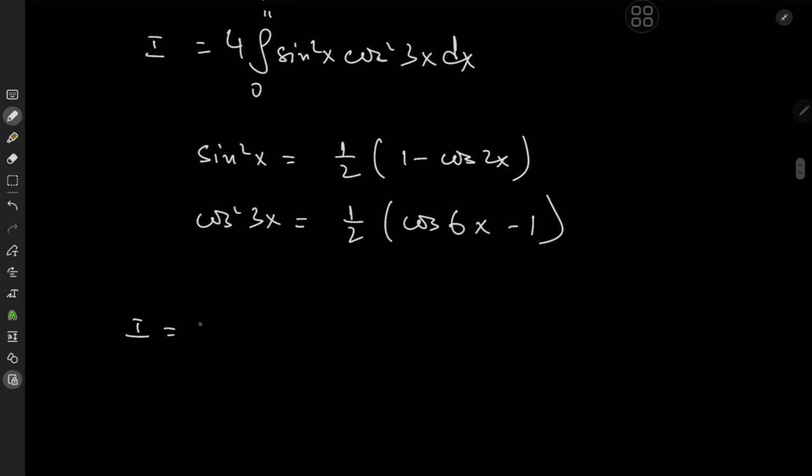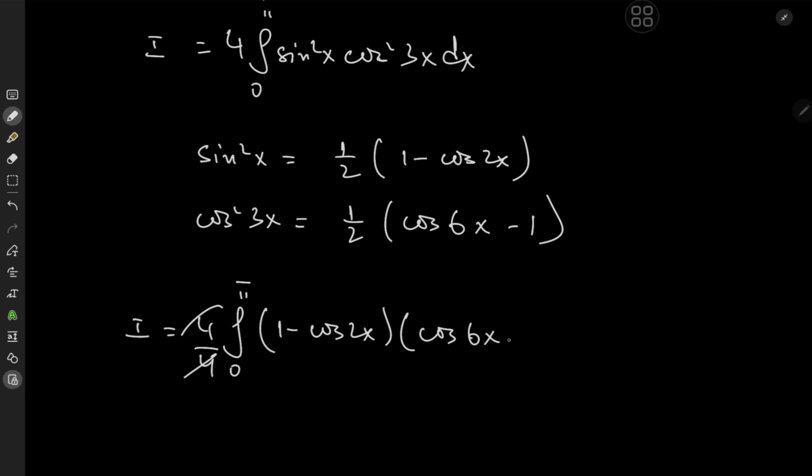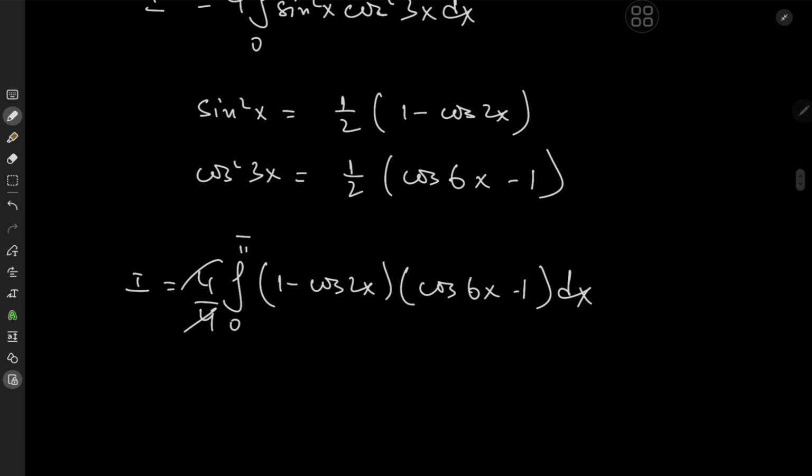So that means I here equals 4 times the integral from 0 to pi of 1 minus cosine 2x, and of course we have 1/2 times 1/2, which is a quarter. We have cancellation. 1 minus cosine 2x, and cosine 6x minus 1 dx.